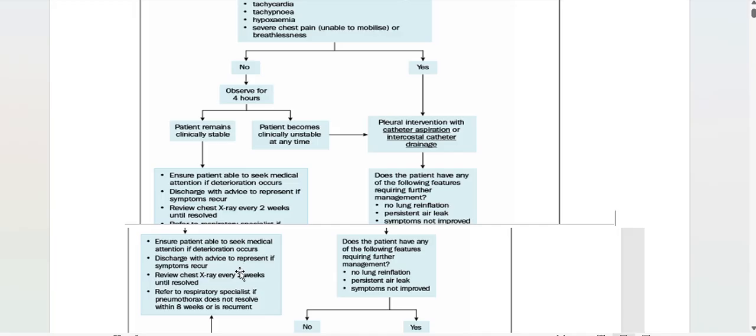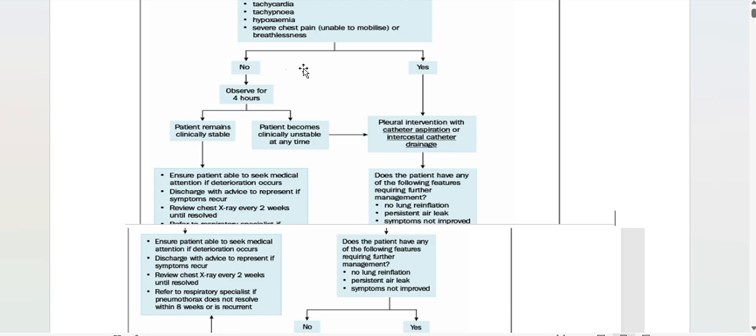And if this pneumothorax does not resolve for any reason, then we have to refer the patient to the respiratory specialist. If pneumothorax does not resolve within 8 weeks or if recurrent, refer the patient.